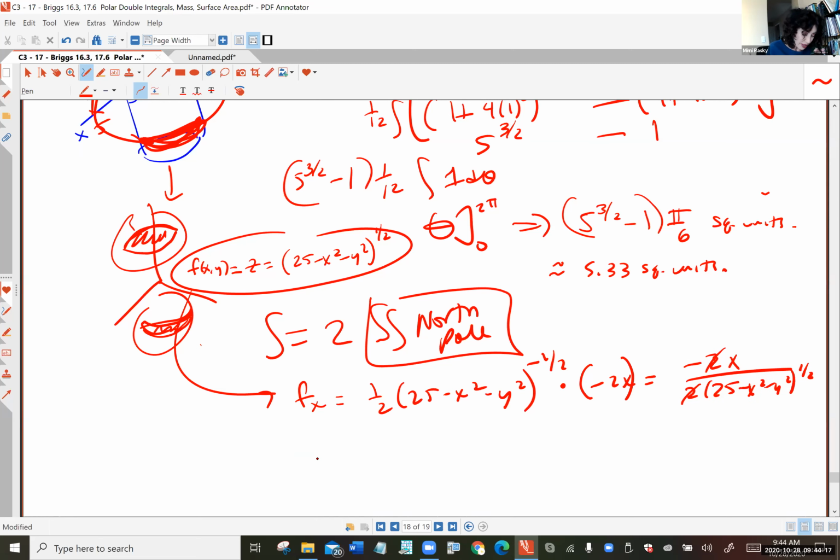And you'll do a similar thing with fy. So let me just cut to it. Your fy will be a negative y all over the square root of 25 minus x squared minus y squared.